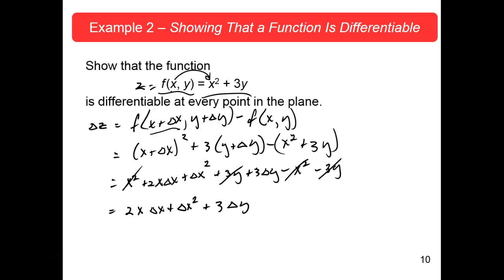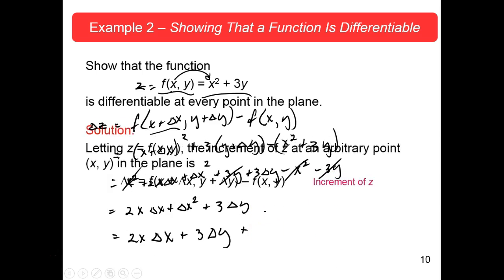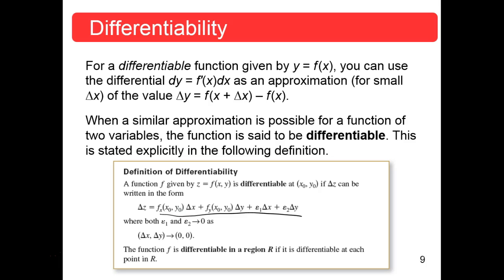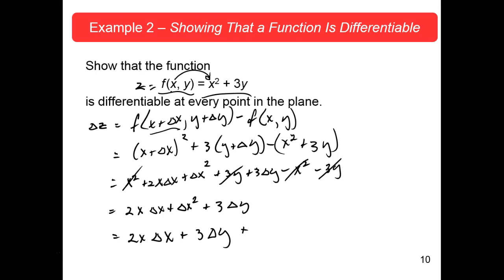So this will be 2x delta x plus 3 delta y, that took care of this term and that term, plus we have an epsilon 1 delta x plus a 0 delta y, because there aren't any delta y terms here.